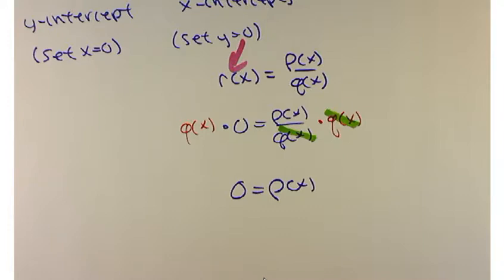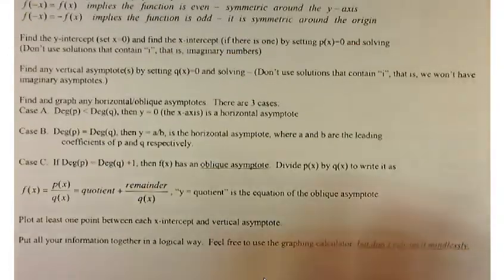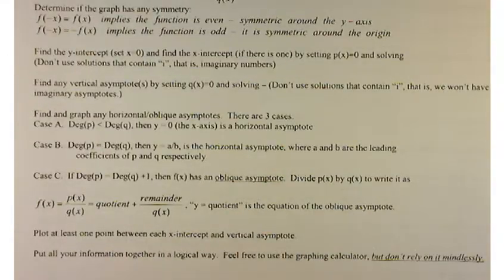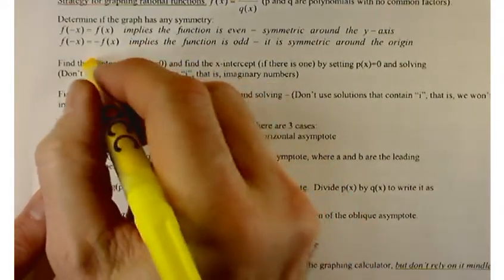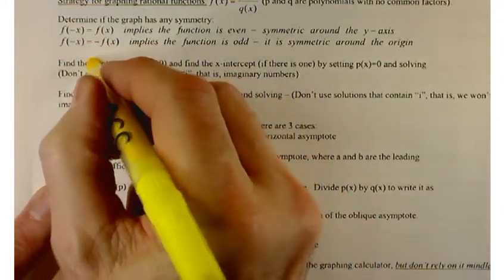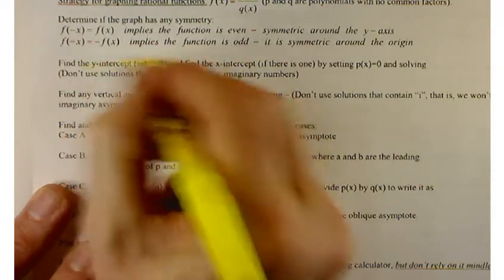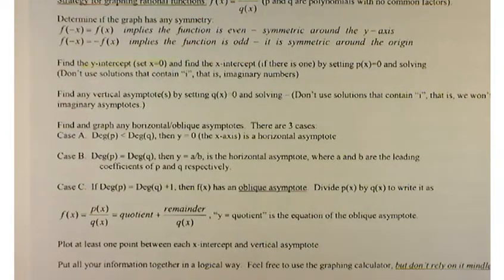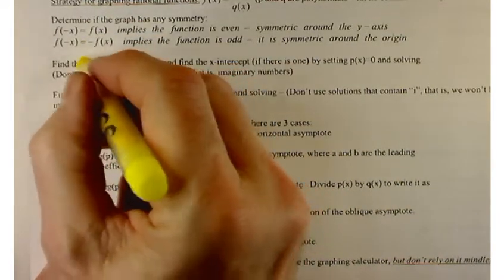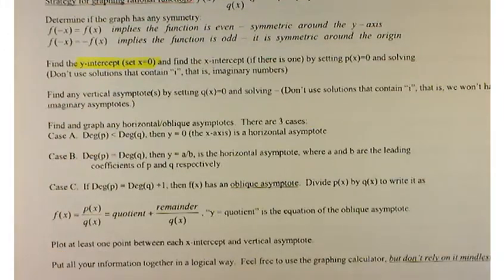Okay, so let's do that with problem number 22. In fact, what I just highlighted is on your handout. So we found the Y-intercept by setting x equal to 0. Your Y-intercept, set x equals 0.